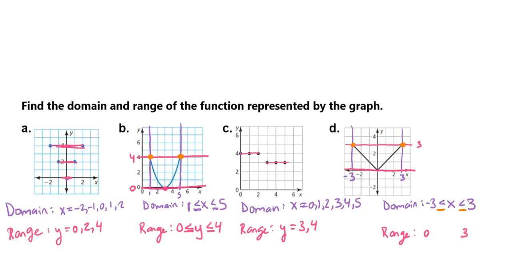So y is between 0 and 3. And again, because we are touching at 0, we'll have the equal to sign there. And because our points are filled in up here, then we'll have the equal to sign there. And so this is how you find the domain and the range of the functions.